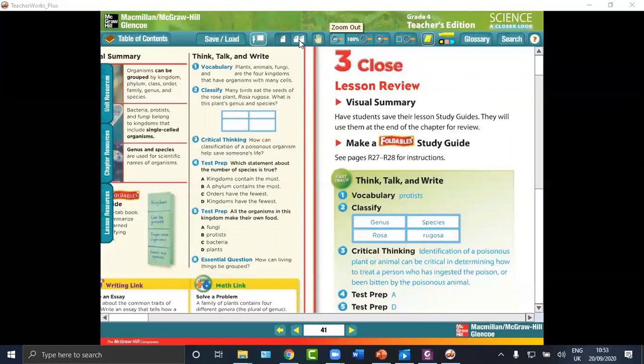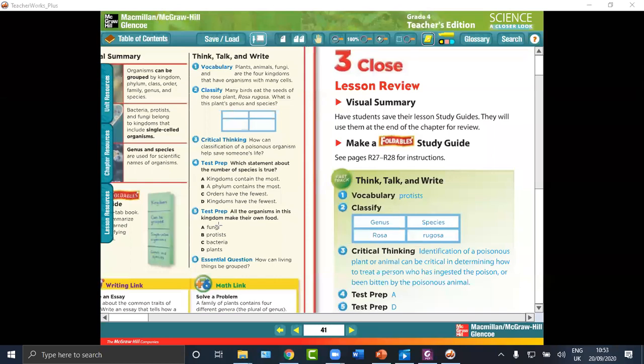Which statement about the number of species is true? Read them all, after that we can choose. Kingdoms contain the most. Phylum contain the most.